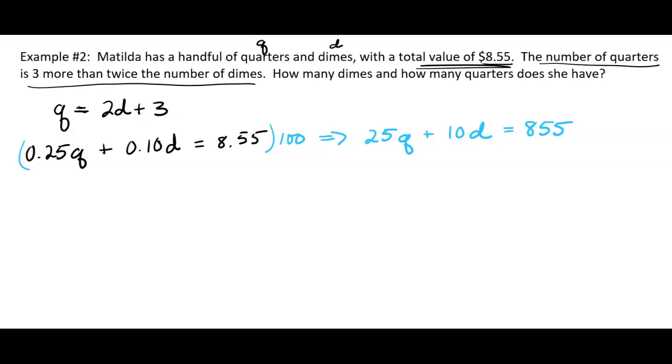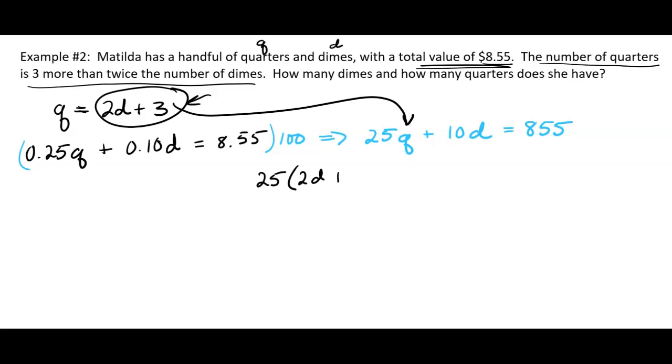And then it looks like we're all set up for substitution because we have right here that Q equals 2D plus 3. So I'm going to take that and plug it in right there for the Q. And so I'm going to get 25 times (2D plus 3) plus 10D equals 855. All right, so now I'll distribute.